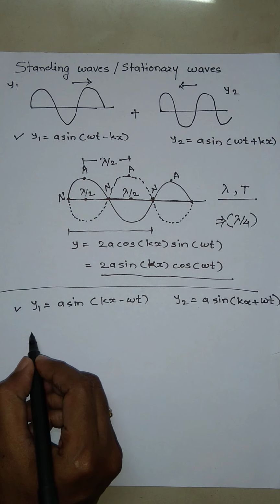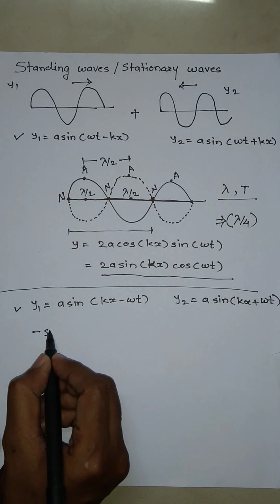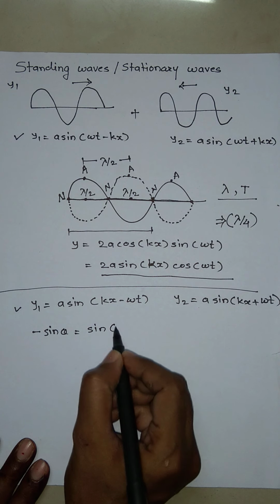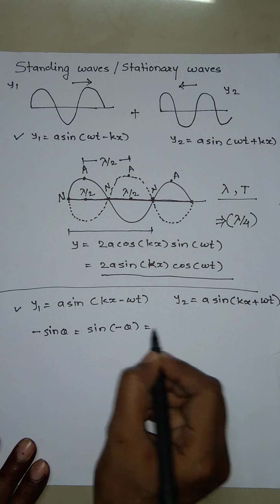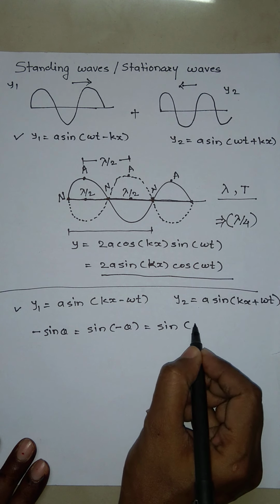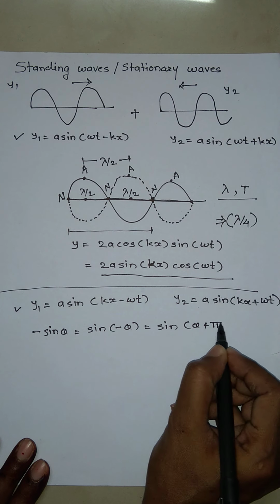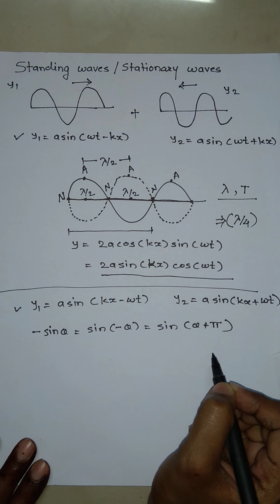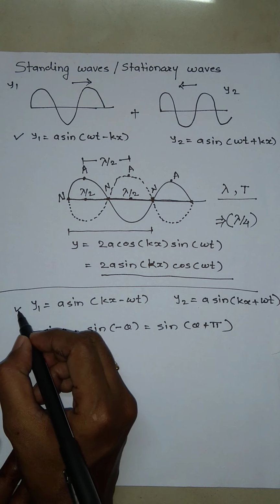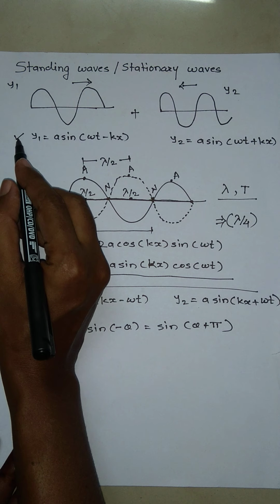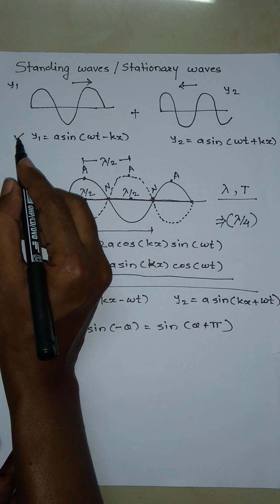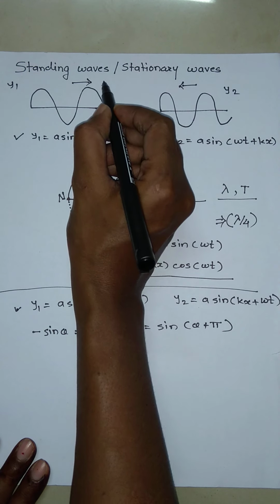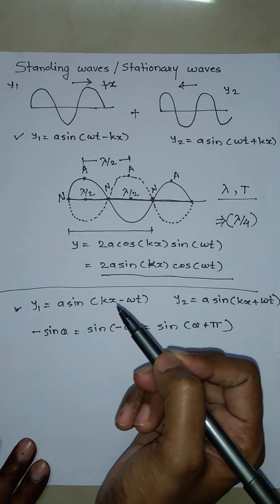The thing is only that minus sin theta is equal to sin of minus theta is equal to sin of theta plus pi. That means both of these waves represent a wave traveling along the positive x-axis.